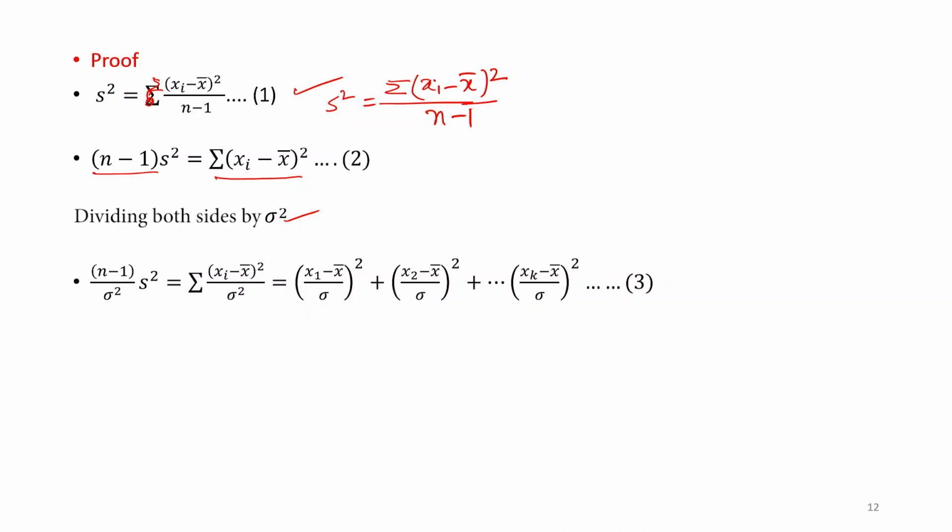So we write (n minus 1) s squared by sigma squared is equal to the summation of (xi minus x bar) whole squared by sigma squared. The sigma should come at the denominator, and it is a summation of (xi minus x bar) whole squared. So we can write this plus this for different values of i, where i is going from 1 to k.